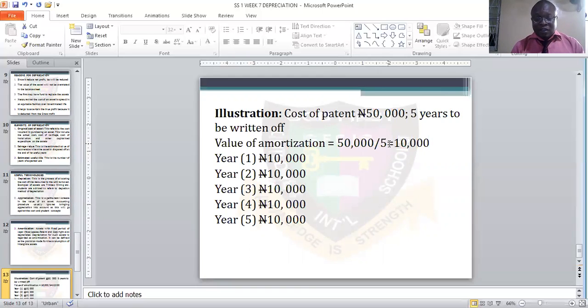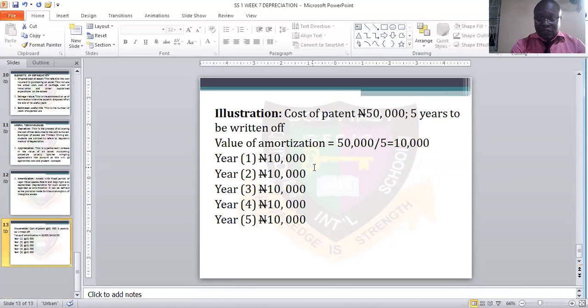So that means from the first year to the fifth year, it will be 10,000 naira. That's amortization. It will be charged 10,000 naira for the next 5 years. So that is the depreciation account.